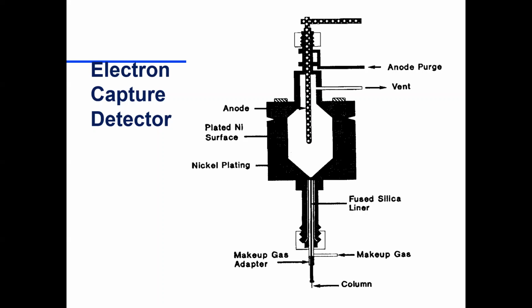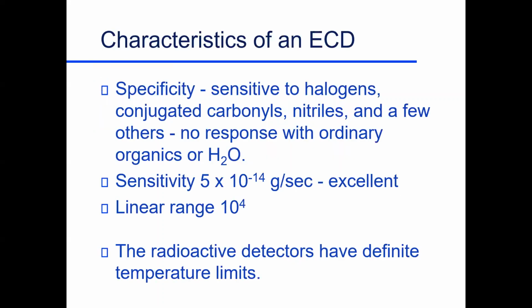So again, it's really a nice sensitive detector. There's a fair amount of specificity to it. Hydrogen flame, anything organic. Okay, electron capture has really different requirements. Halogens absorb electrons. Conjugated carbonyls trap electrons, nitriles, and a few others, but not many.